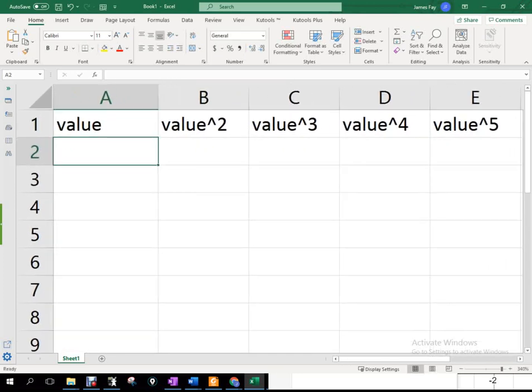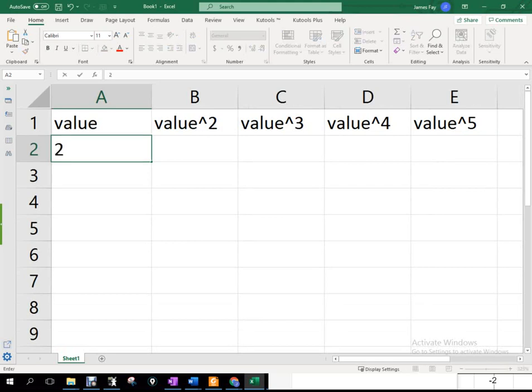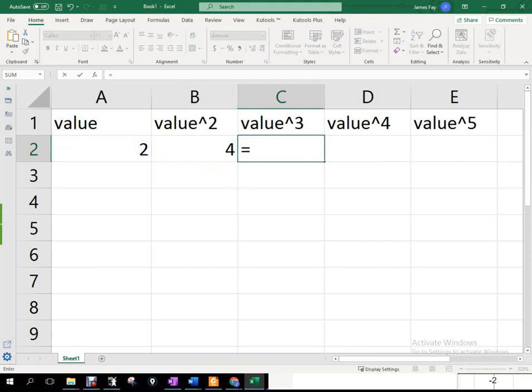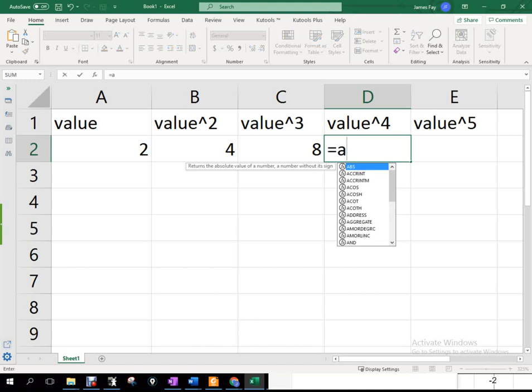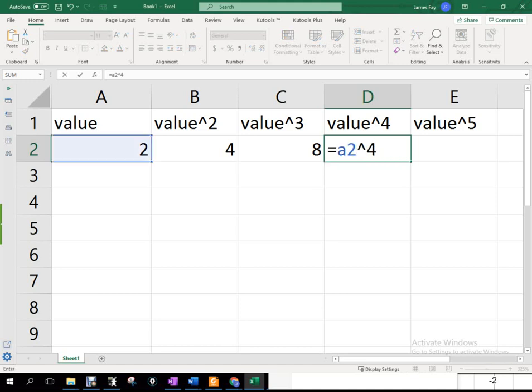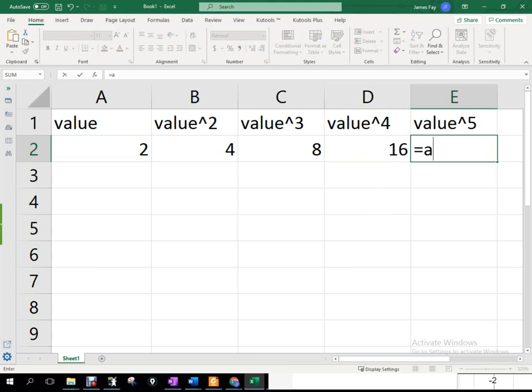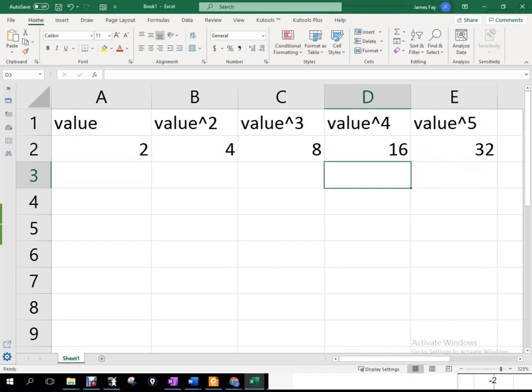So I say 2 as my value, and then 2 squared equals 2 to the 3rd equals 2 to the 4th equals 2 to the 5th.